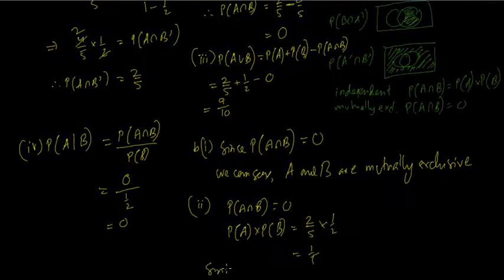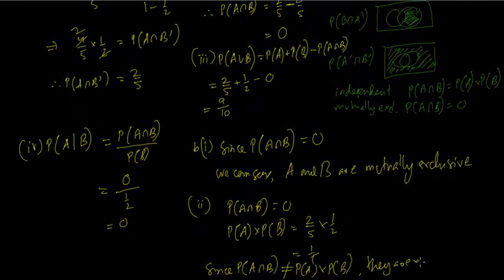So since probability of A intersection B is not equal to probability of A into probability of B, they are not independent. So that's how the whole thing works.